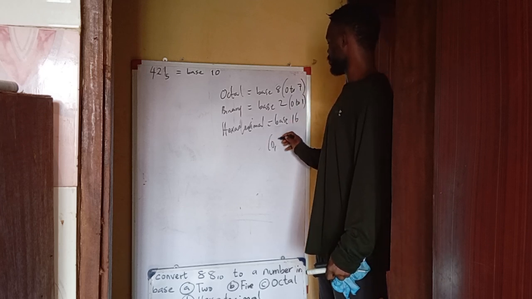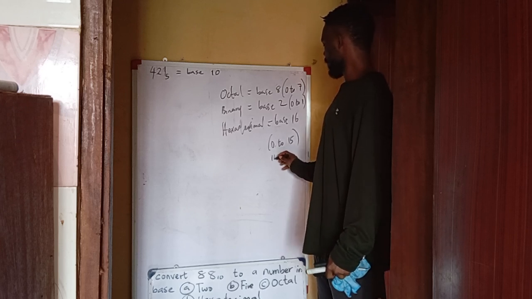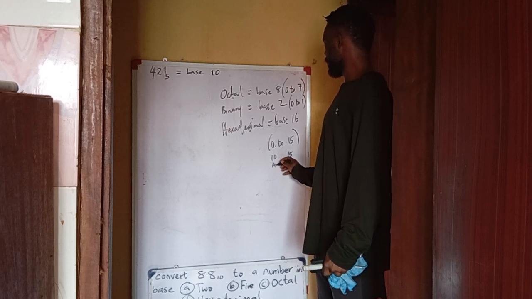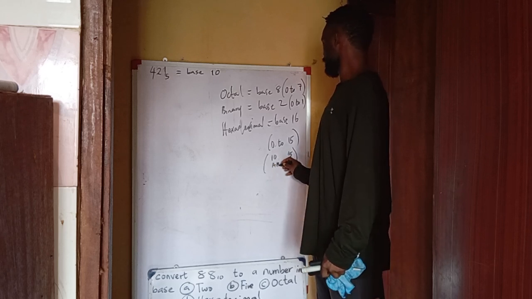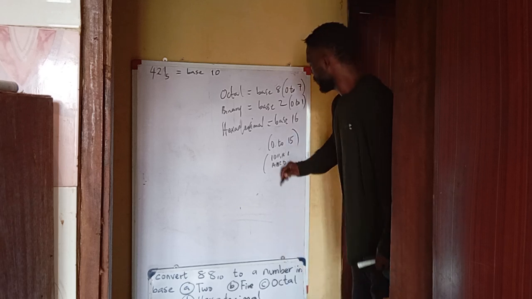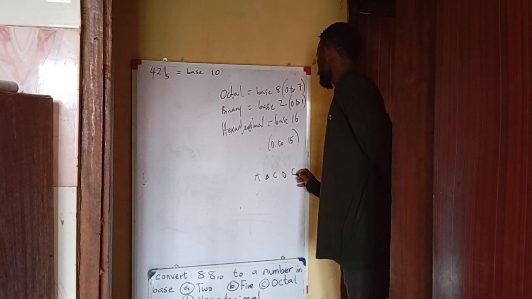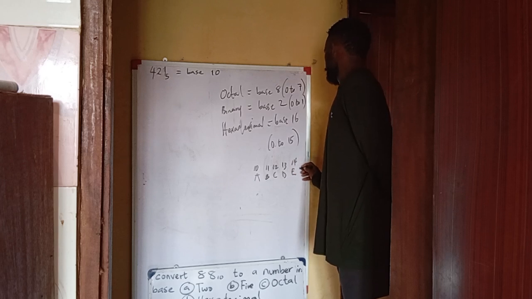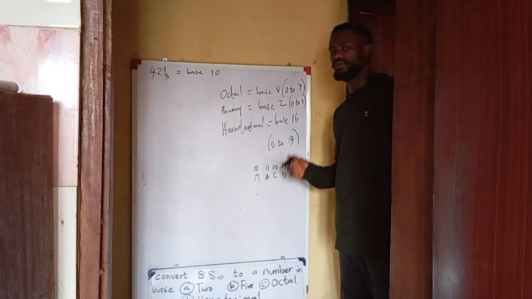Hexadecimal goes from 0 to 15, and from 10 to 15 you represent it with A, B, C, D, E, F. So 0 to 9, then 10 to 15 this way.